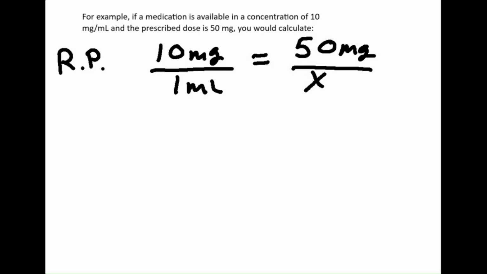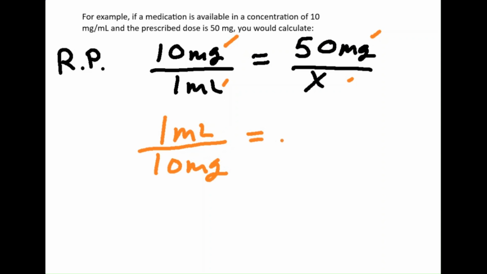So a couple of things that I want you to take a look at here. My milligrams are going to be on the same side and my milliliters are going to be in the same side. What's cool about ratios and proportions, it does not matter how you set up the initial fraction, the other side just has to match it. So if I were to set it up this way, 1 milliliter contains 10 milligrams of medication, that is totally fine.